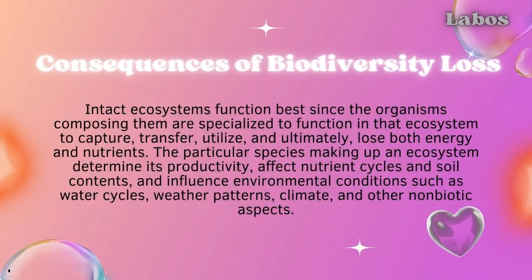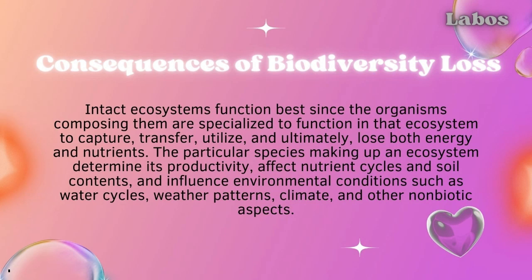The diversity and composition of species within an ecosystem directly impact its productivity and resilience. Different species contribute to nutrient cycling, soil health, and the regulation of environmental factors like water availability and climate.